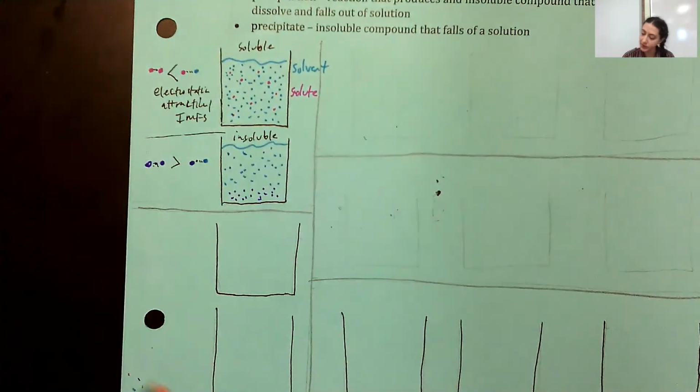So that's the force of those IMFs, and that's really the difference between them. Insoluble compounds just attract each other far more, and the water is not able to rip those interactions apart because they're just too attached to each other. So they stick together and they don't dissolve. That's pretty much the reasoning.